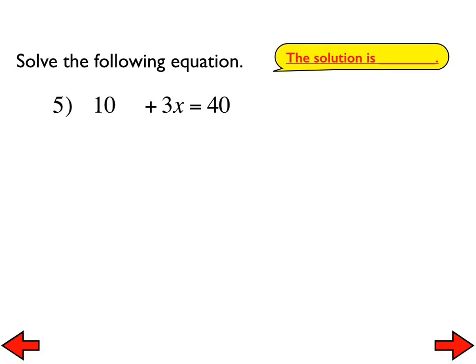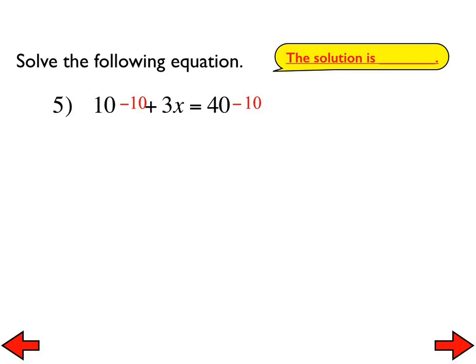We have 10 plus 3x is equal to 40. We deal with the adding or subtracting part first. We have 10 plus 3x. So we're trying to make sure that we do the inverse operation of something plus 10. And that, of course, is to either add negative 10 or subtract 10. I'm going to subtract 10.